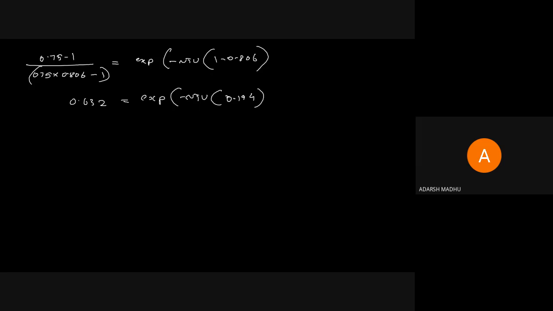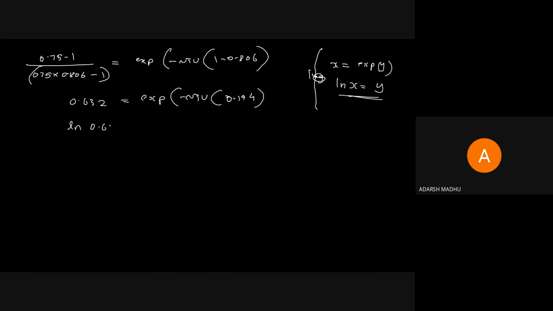For cancelling the exponential, we take the log. If x equal to exponential of y, we can write this as natural log x equal to y, and we can convert back x equal to e raised to y. So that is the equation.